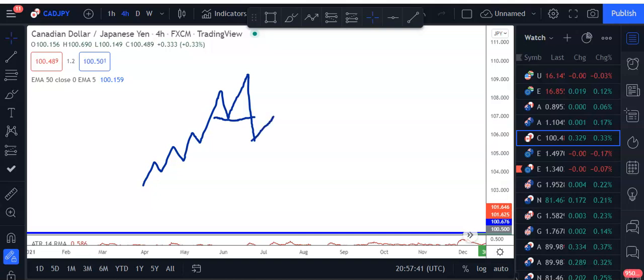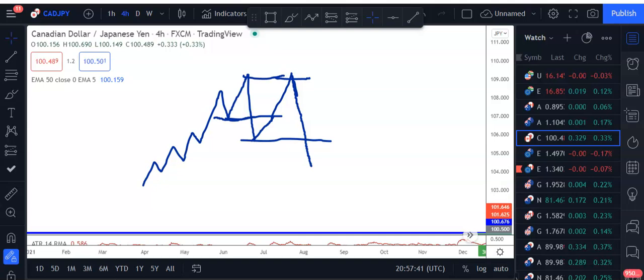Well, the market can come back to this level or this level. As long as this market doesn't break this level right here, and it manages to move and break this level again here, I will conclude that the market has actually reversed trend. So those are the two conditions that I wait for.